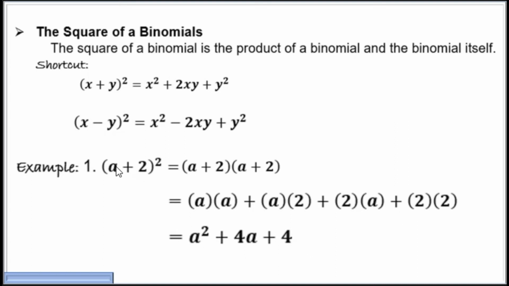So square the first term, multiply a times 2 is 2a, 2a times 2 is 4a, square the last term is 4. Okay, if you do not understand, replay the video and watch again. Okay, you will understand it.